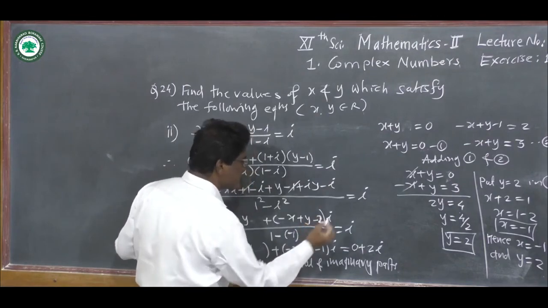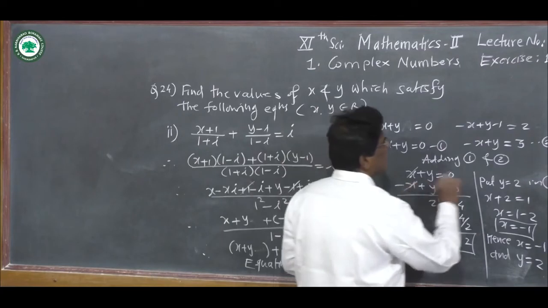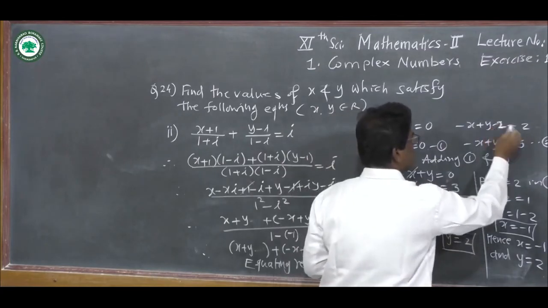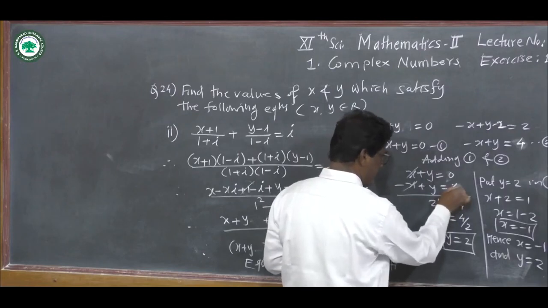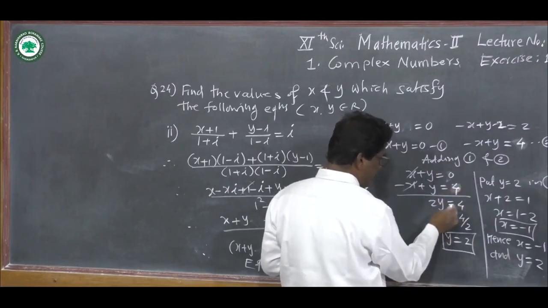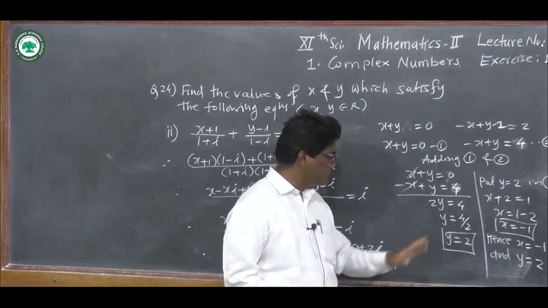Here it is minus 2 and this becomes plus 4. So i plus i, 2i is equal to 4. So y is equal to 4 upon 2, so y is equal to 2.